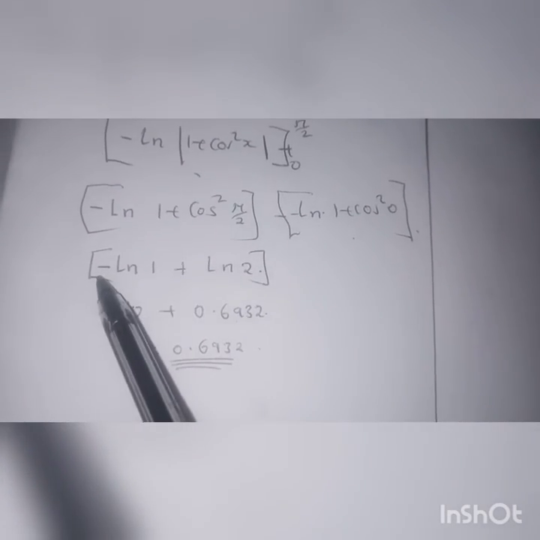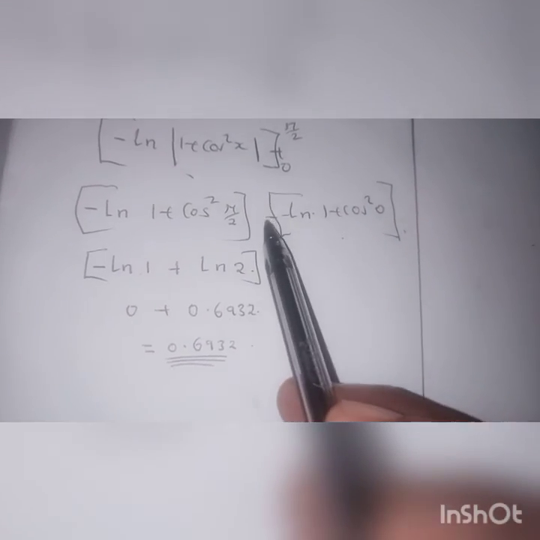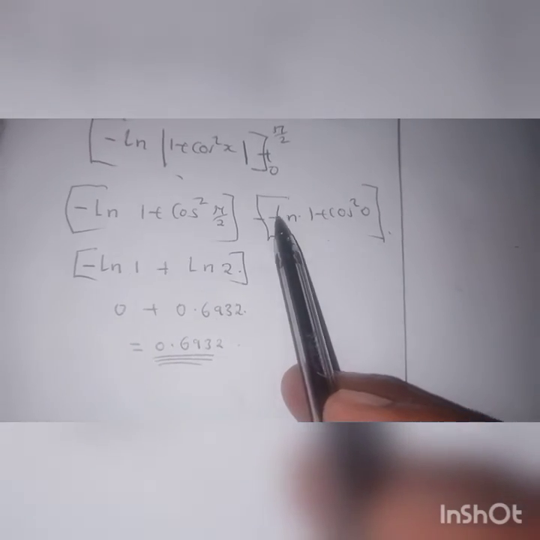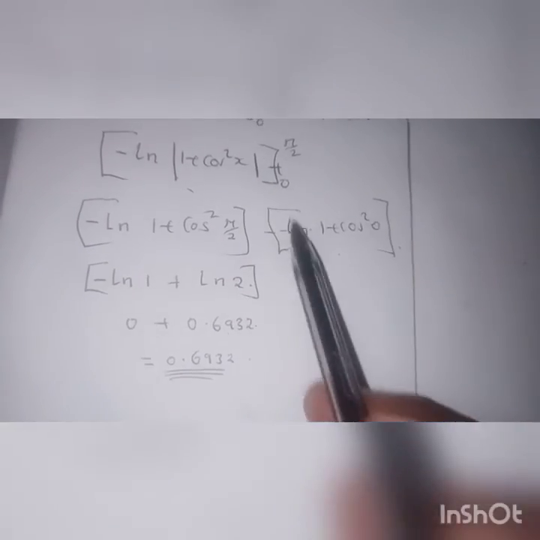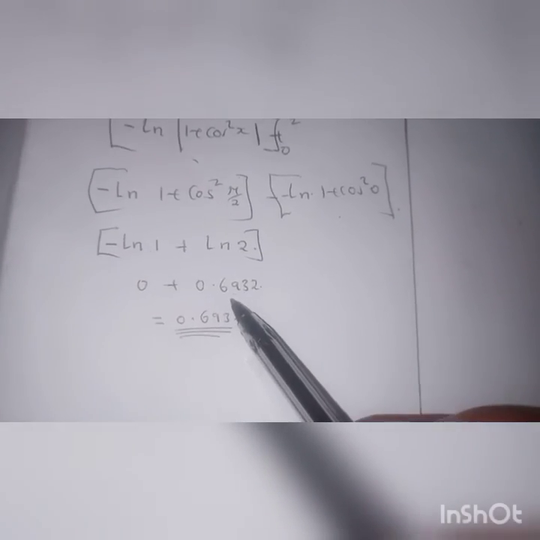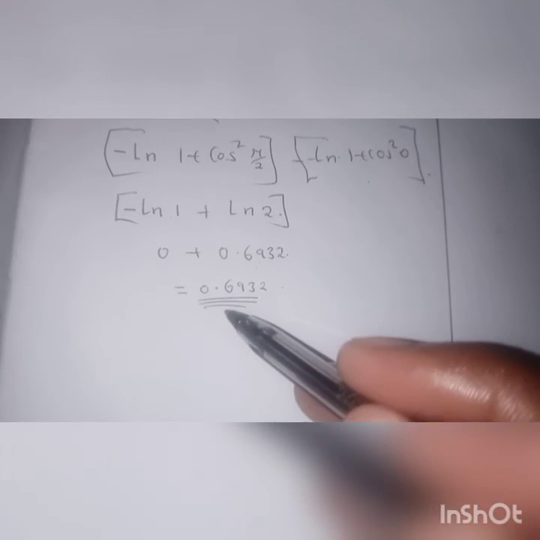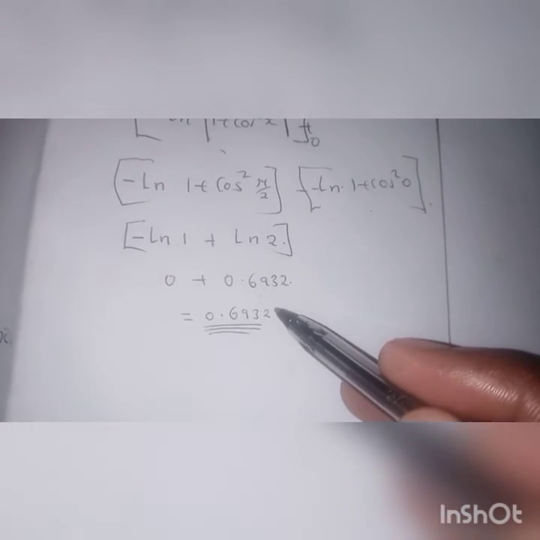But the natural log of 1 is 0. So the positive sign comes from minus this function. Therefore, it will become positive 0.6932, and that is our final answer.